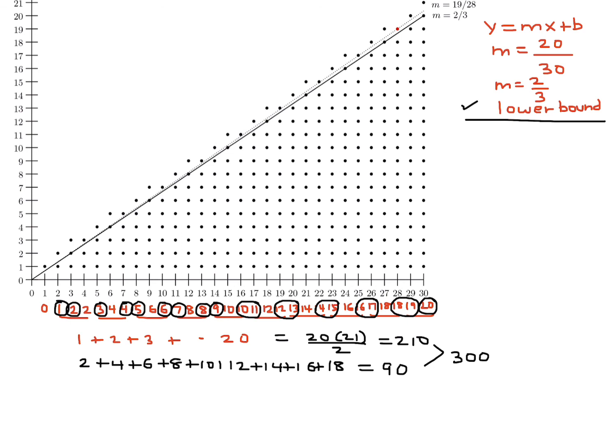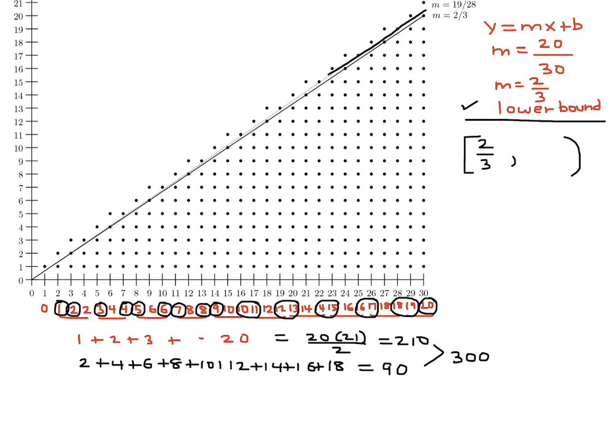Great. Now we need the upper bound. The upper bound is such so that the number still remains 300. So we got the lower bound, but then the upper bound is going to be open, meaning it won't touch it. It'll come close to it, but it won't touch it, because if it touches it, then we're going to end up adding another lattice point, and this will become 301. And we can't do that. We can't have 301. It has to be exactly 300. And that dashed line, I hope you can see it.